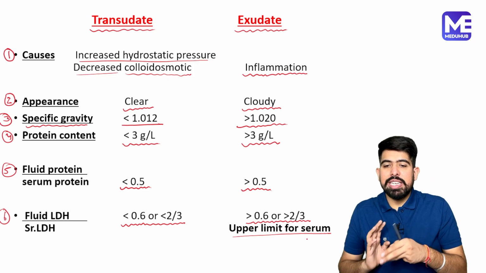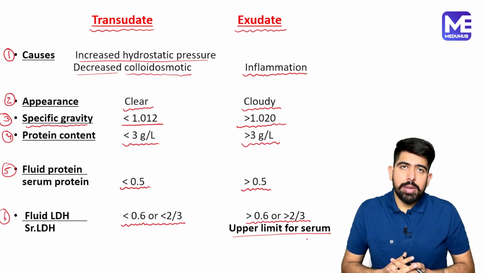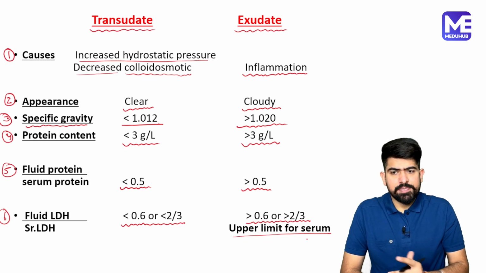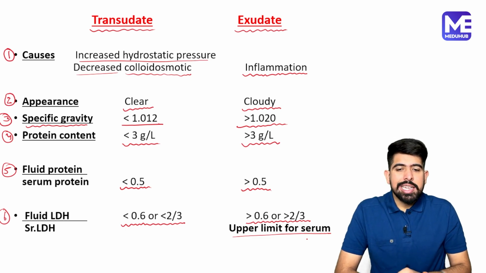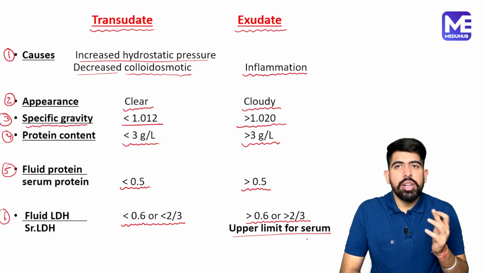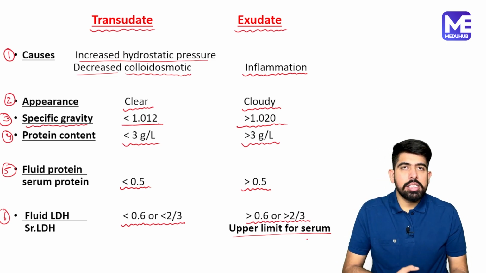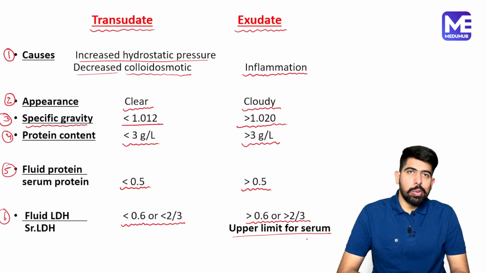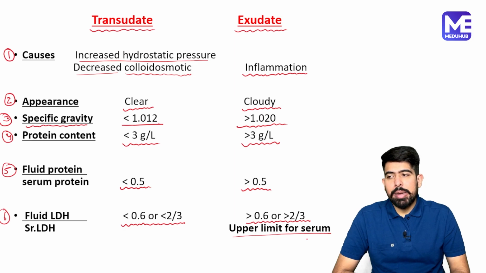I hope you remember how we get to know about the transudative and exudative. In the transudative, there is an increase in hydrostatic pressure and a decrease in colloid osmotic pressure, whereas the exudative is always due to inflammation. By appearance also you get to know: a clear, watery fluid will be transudative. If it is cloudy or of different colors, not transparent, it will be exudative. By these tests we get to know the specific gravity, proteins, the fluid protein to serum protein division, and the fluid LDH to serum LDH division.